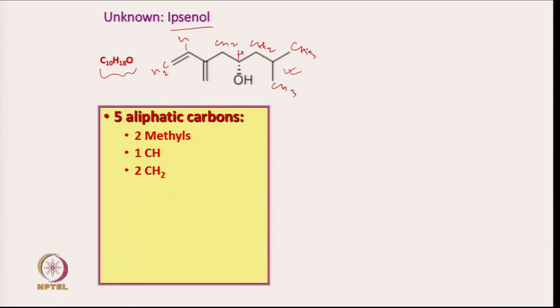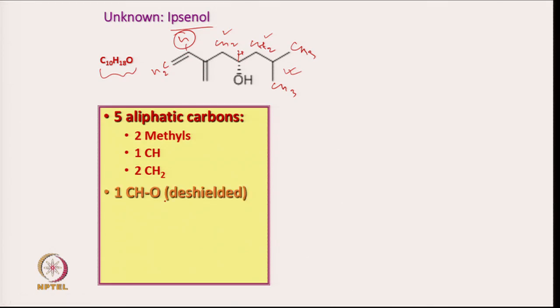So it has 2 methyl groups, 1 CH, 2 CH2, this CH2, this CH2 group, these are aliphatic carbons. Oh, sorry, this is one CH group, this is not aliphatic.